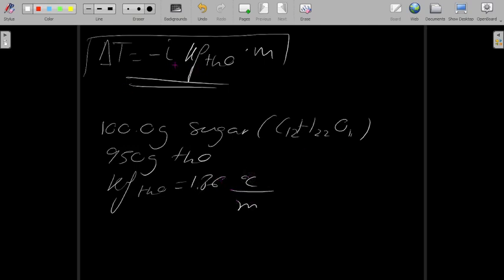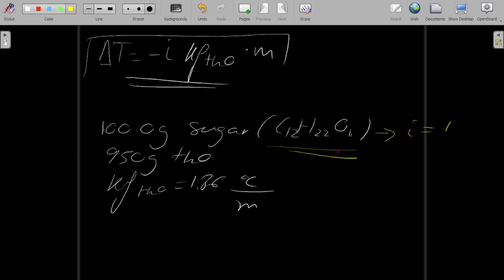Okay, let's look at the formula. The i is not given to you, but you can find out. Because you know the molecule, this is not an ionic compound. It is a polar covalent compound. Remember that when polar covalent compounds get dissolved in water, the whole molecule is surrounded by water. They just break into molecules. How many molecules? i equals 1. It doesn't break into parts.